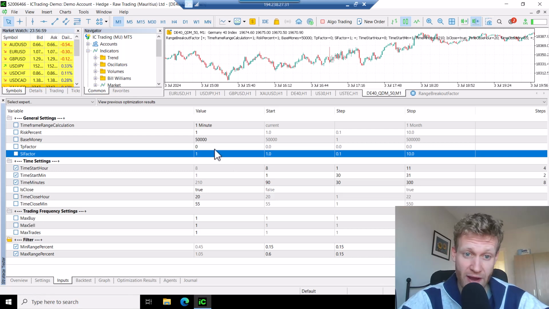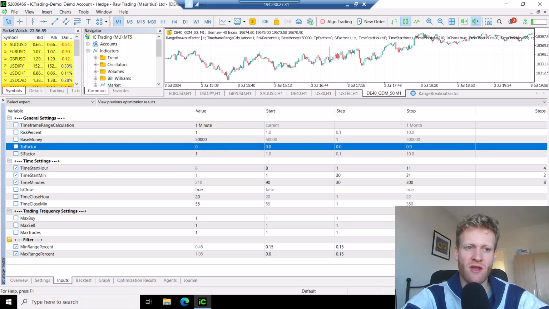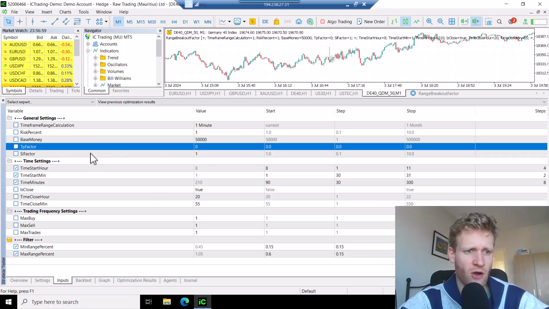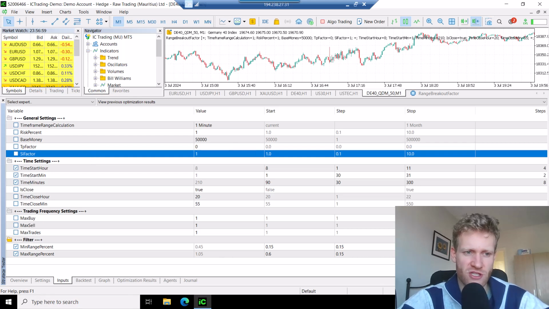That you trade the breakout from this range and that this move should then continue and not break the range on the other side. I mean, this was the idea for this testing process that I did. So this is why I also did not optimize the stop loss factor.